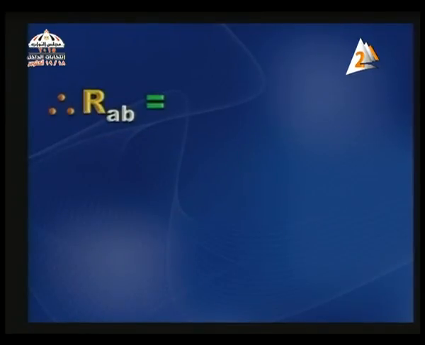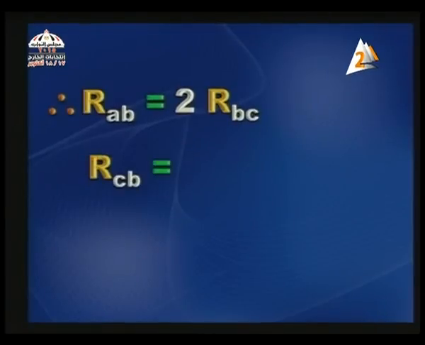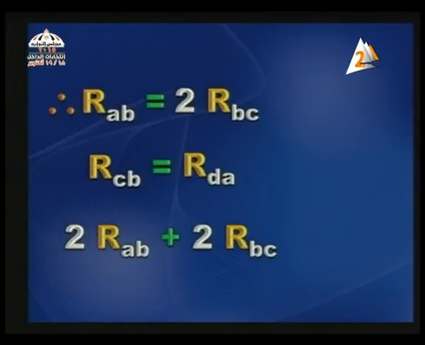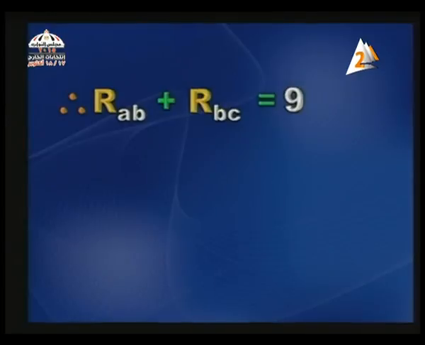So resistance of AB equals twice the resistance of the portion BC. Why? Because length of AB is twice that of BC, mentioned in the problem. Also RCD equals RDA. So we can say 2 RAB plus 2 RBC equals 18. And of course, resistance of portion AB plus resistance of portion BC equals 9.